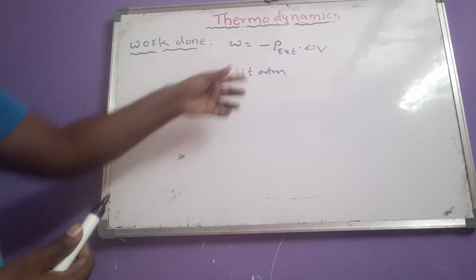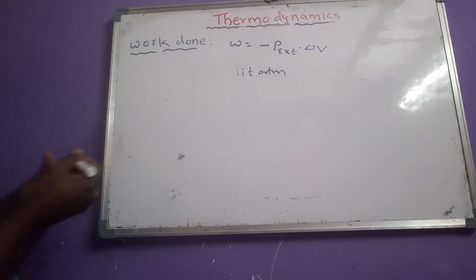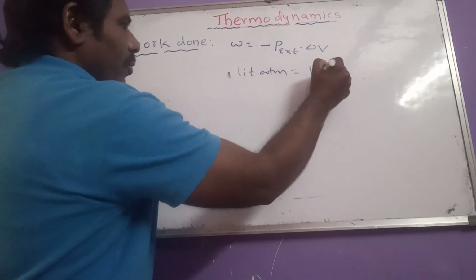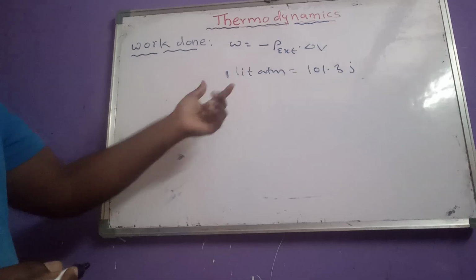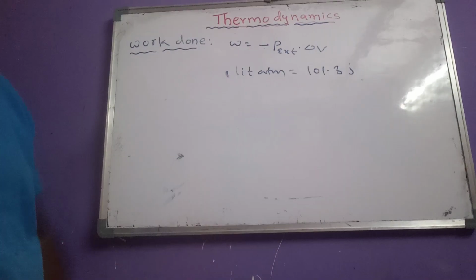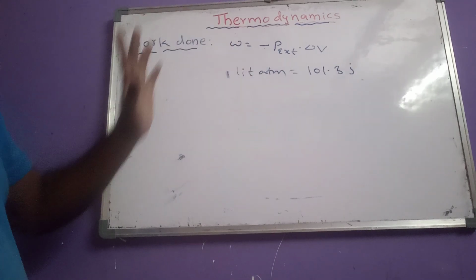Of course, by using this formula we are getting work done in liter atmosphere. So 1 liter atmosphere equals 101.3 joules. To convert liter atmosphere into joules, we need to multiply with 101.3. So this is the formula to calculate work done.